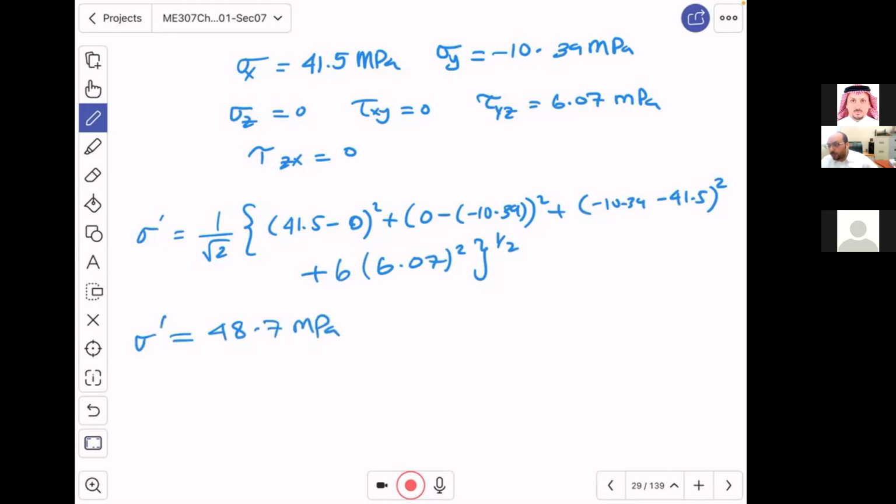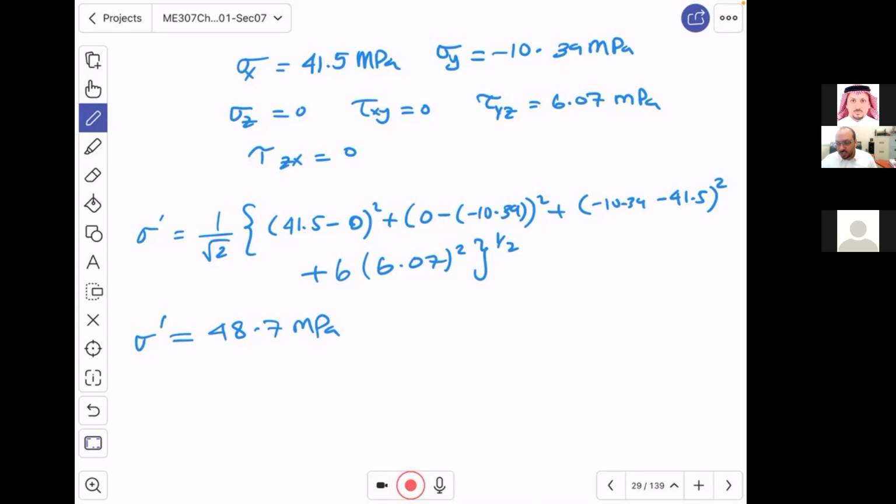Now, in the solution on the slide, you will see that you can also find the principal stresses, and using the principal stresses you can use the von Mises equation, which is a function of the principal stresses sigma 1, sigma 2, sigma 3. But the question we were asked says to determine the maximum shear stress at the root of the thread.